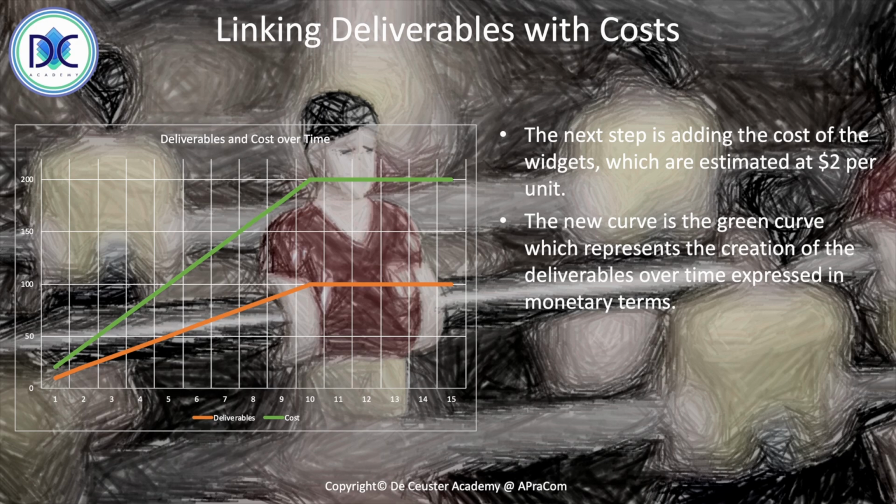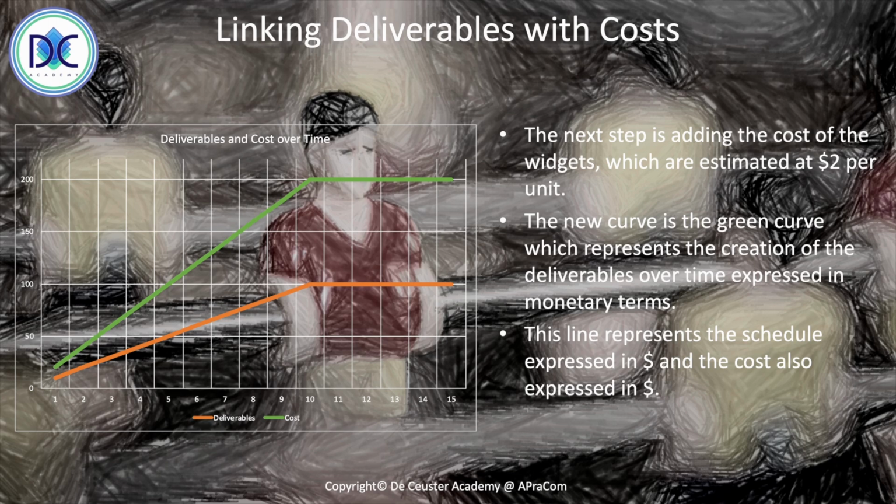So the PV, the planned value curve, has those two elements in one graph, and basically this green line also represents the schedule expressed in dollars and the cost related to this project also in dollars.